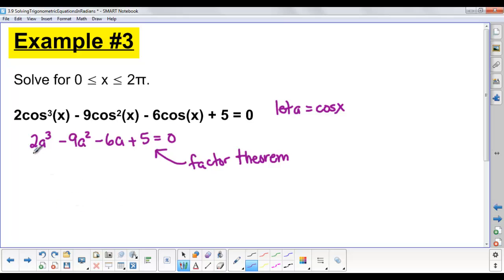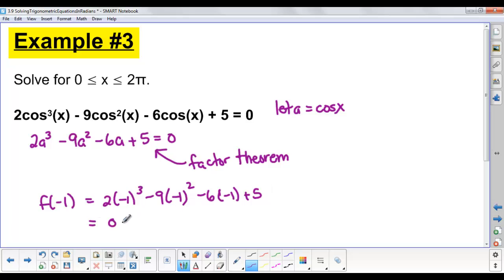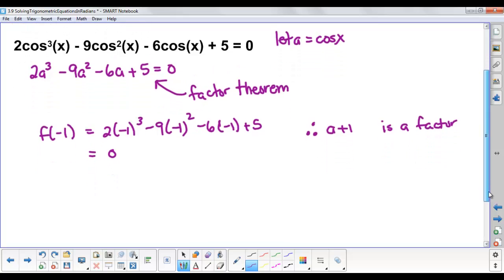So if we call this our f of x, and we try f at −1, you'll notice that it does indeed equal 0. So remember from last unit that a + 1 is a factor. And then we go ahead and do synthetic division, knowing that −1 is a root.